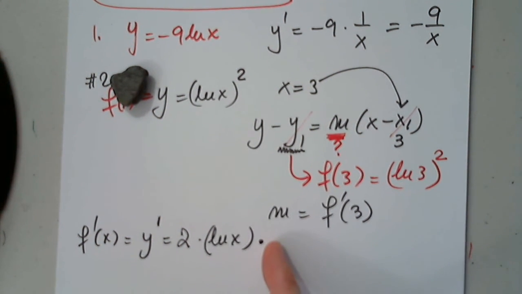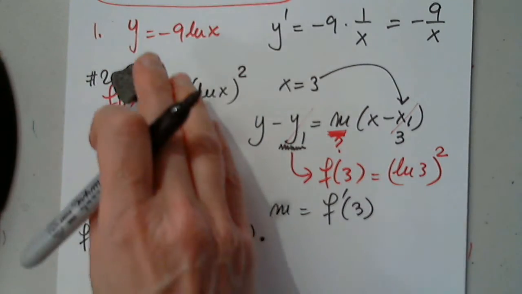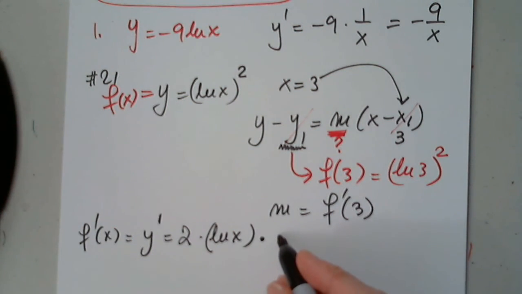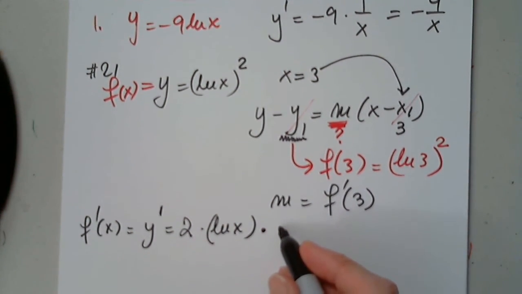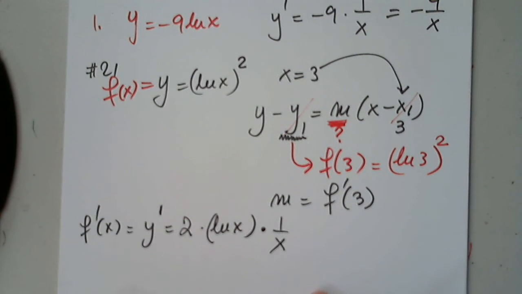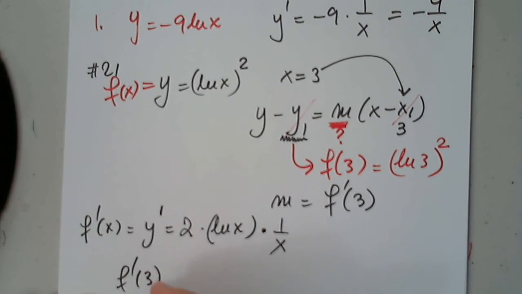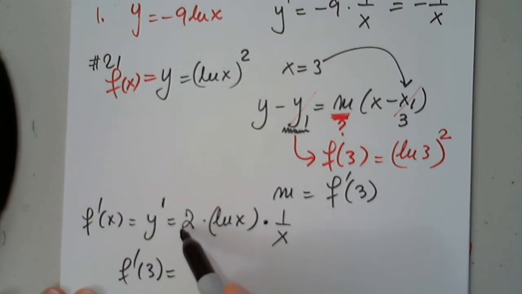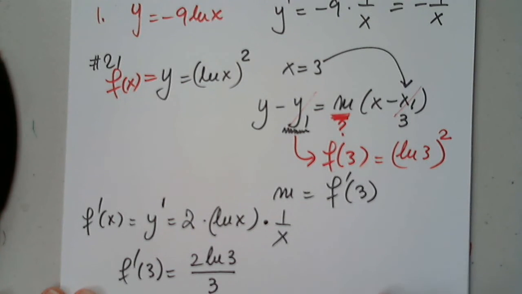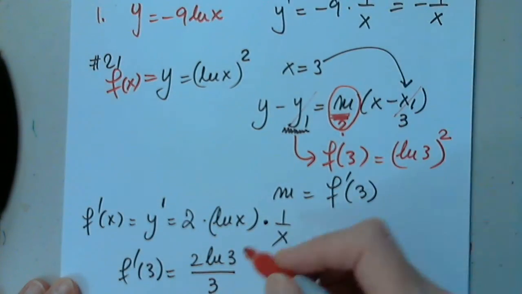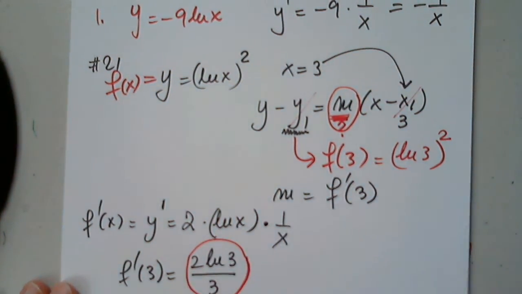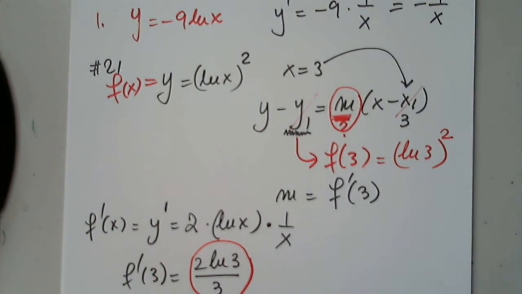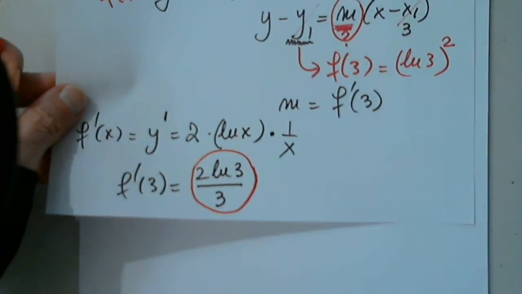Times what? One over x. That's it. So now f prime of 3 will be 2 natural log 3 over 3. Yes, I know it's weird. Yes, I agree. So I have this as being this. Messy, but doable. Good.